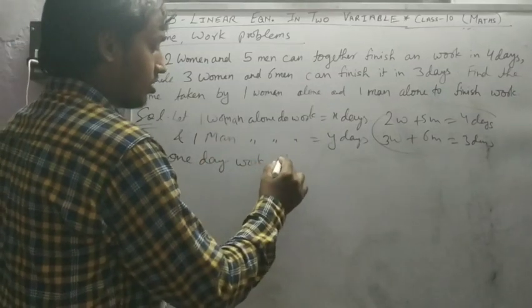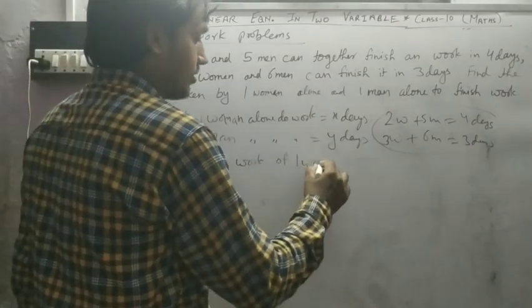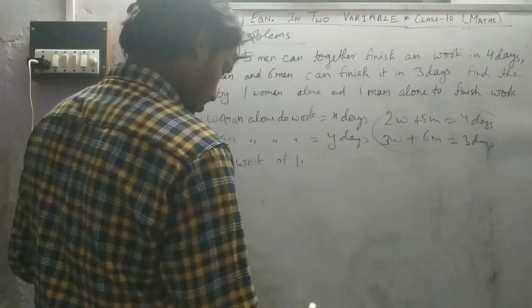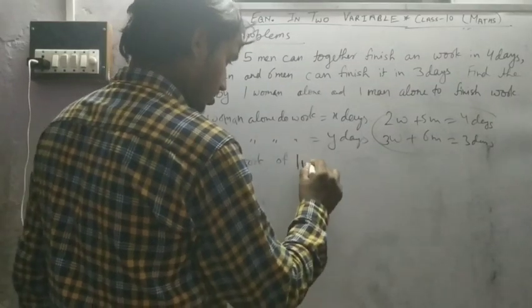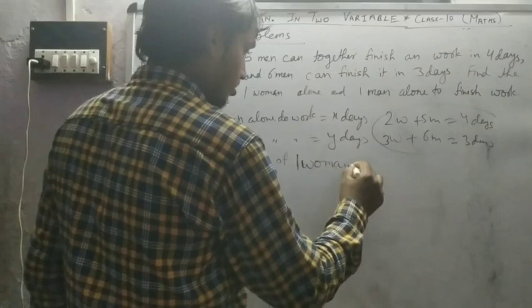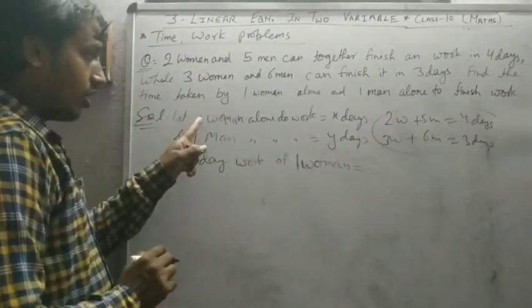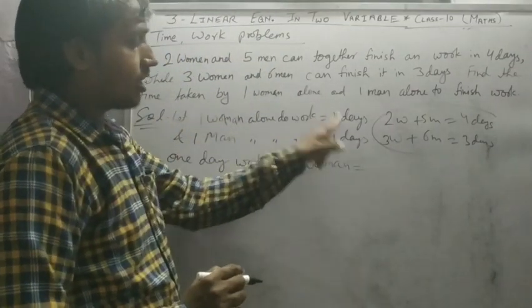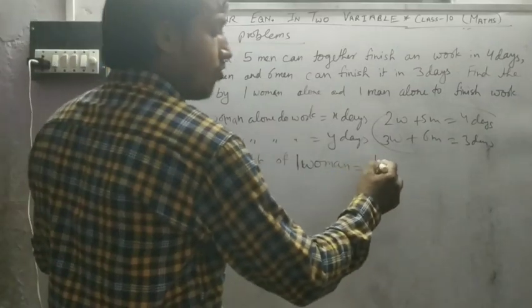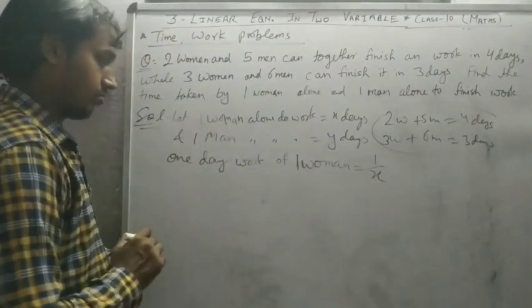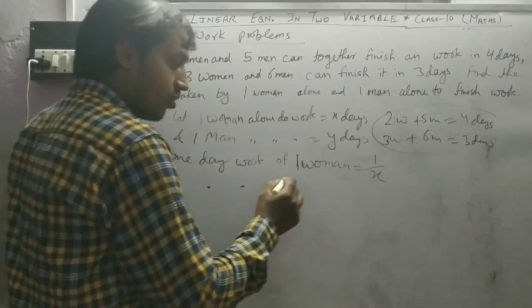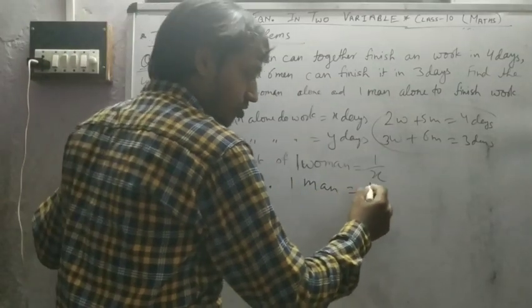That is, whole work in X days, so 1 day work is 1/X. 1 day work of 1 man is 1/Y.